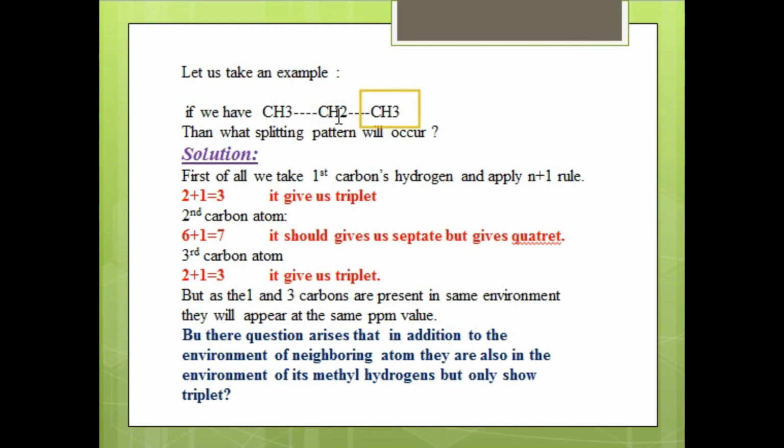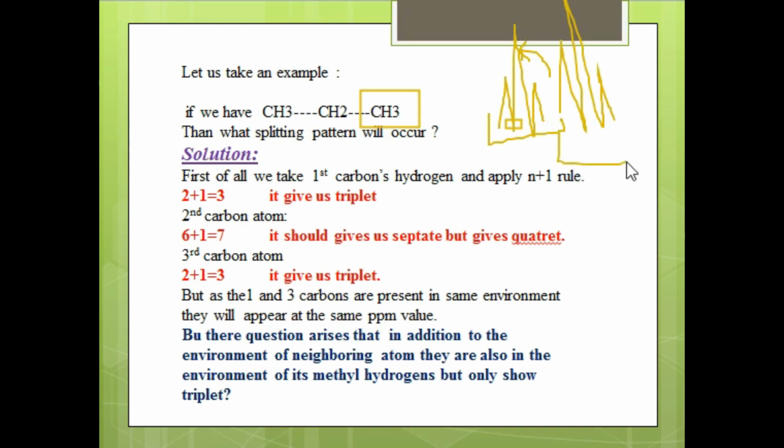In fact, they appear in the single chemical shift value, where the two methyl triplets appear. Here, if we draw it, the methyls appear in the same chemical shift value, so this intensity doubles as compared to it, and its integration value doubles, but it gives us the same one triplet.